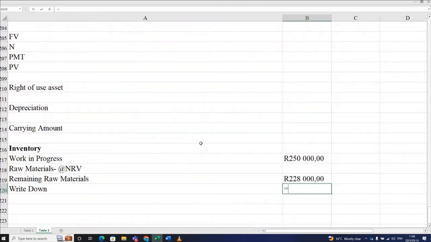That's what you have remaining. And then they say this remaining amount has been written down by 15%. So we multiply by the 15%, and the value is the 280 minus that 15%, and that's the value of our raw materials at net realizable value.